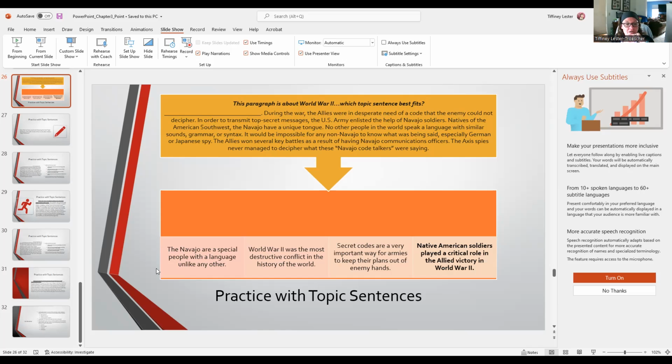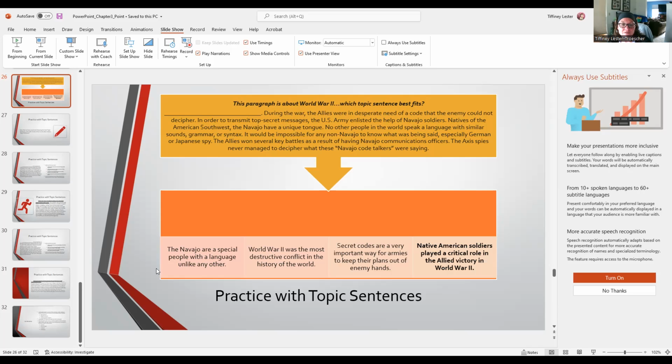So the Navajo are a special people with a language unlike any other. That's true, and it's part of one of the ideas in the paragraph, but that's not the full extent of this paragraph's focus. This paragraph's focus is not just that the Navajo are a special people with a language unlike any other. That's not quite right.